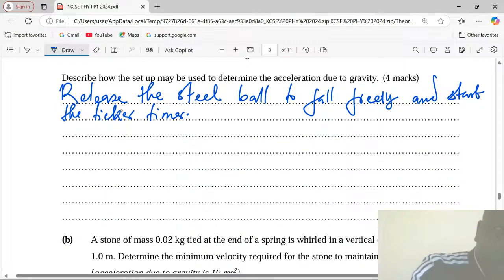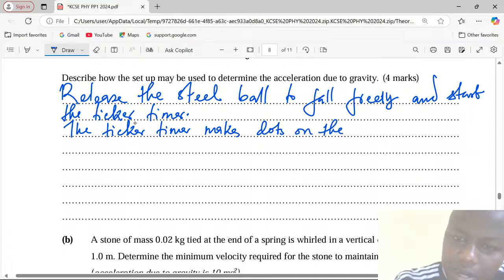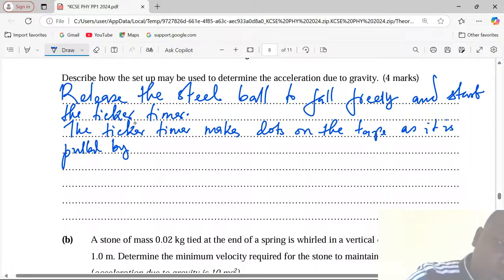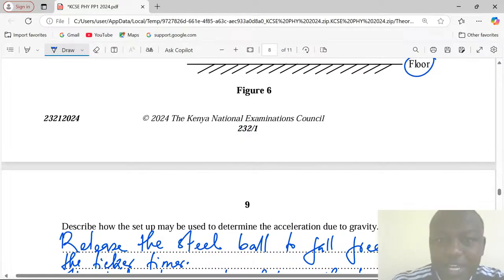Therefore, the ticker timer makes dots on the tape as it is pulled by the dropping steel ball. Therefore, the steel ball is pulling the tape, as you can see.